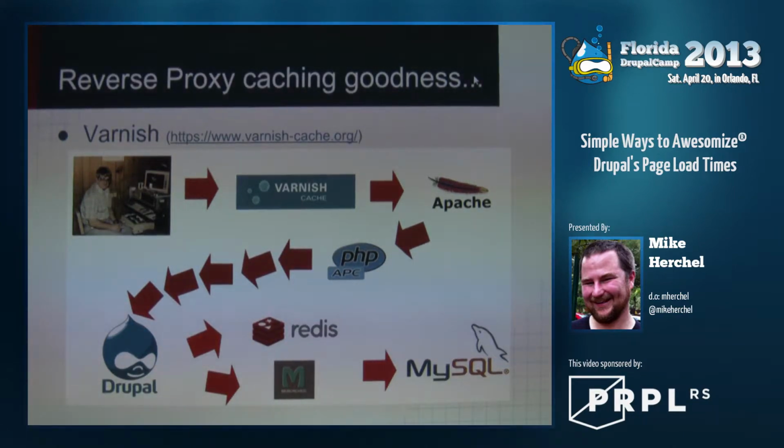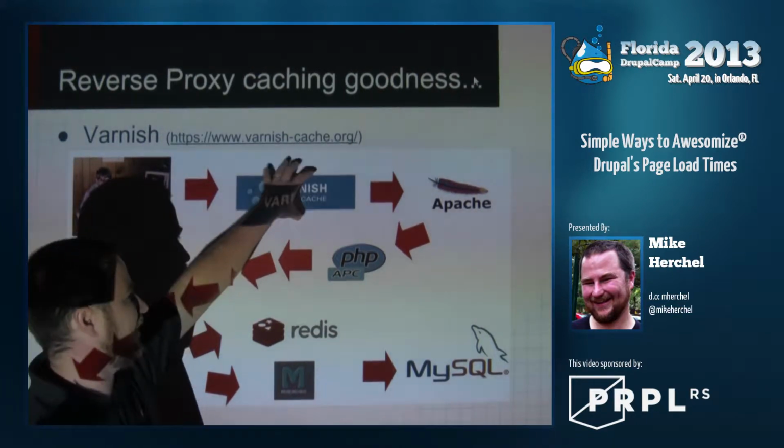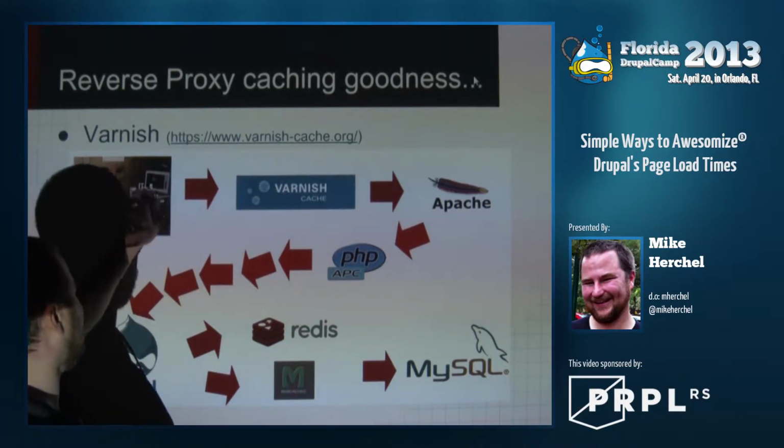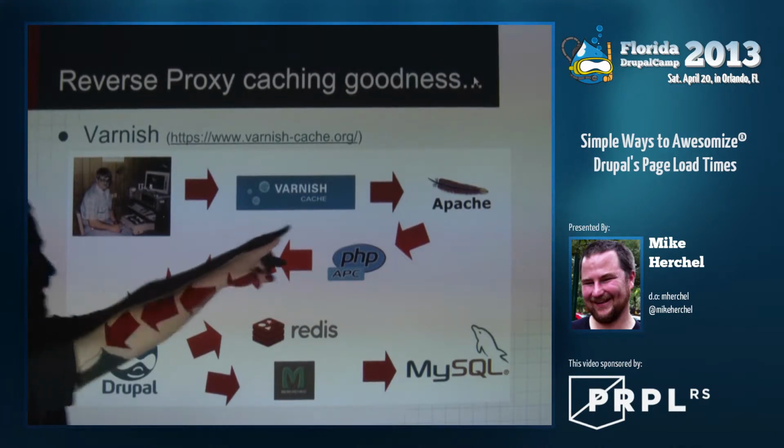So, reverse proxy caching. There's a session later in the day on Varnish. I should have probably told you what room that is, but it's on your schedule. What Varnish will do, or any reverse proxy, is it will sit between me and Apache and the web server.